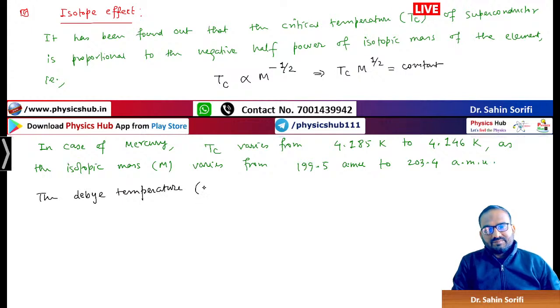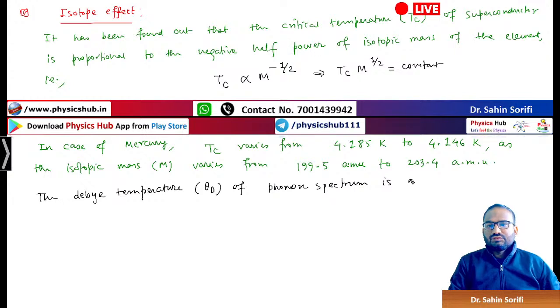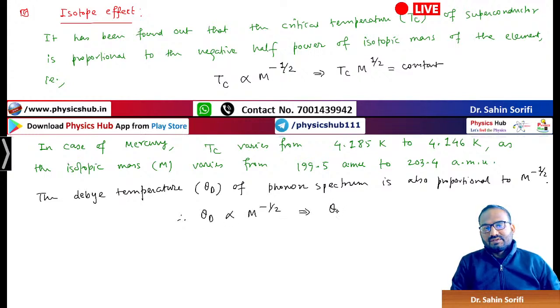This Debye temperature theta D of the phonon spectrum is also proportional to m to the power minus half. So we can combine these two formulas.